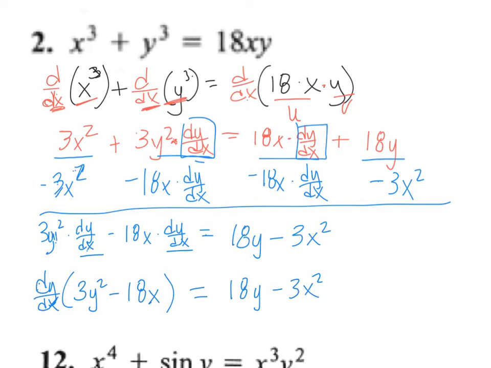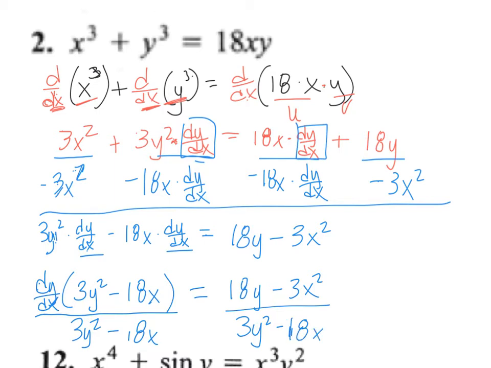Then I'm going to divide both sides by 3y squared minus 18x. Sorry, 18x. There we go.